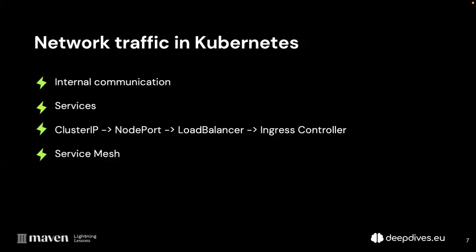So the load balancer will terminate the traffic. It's outside of the Kubernetes cluster. It's just a load balancer. And then it will forward the traffic into the Kubernetes cluster using the node port of the service, right?